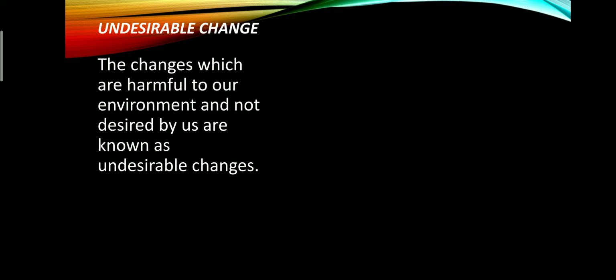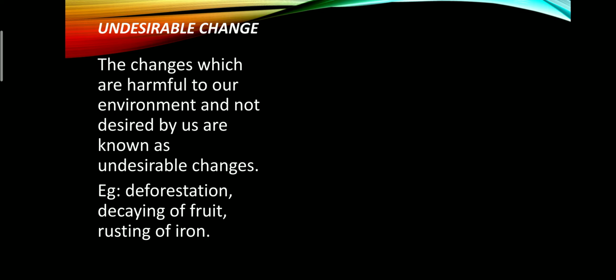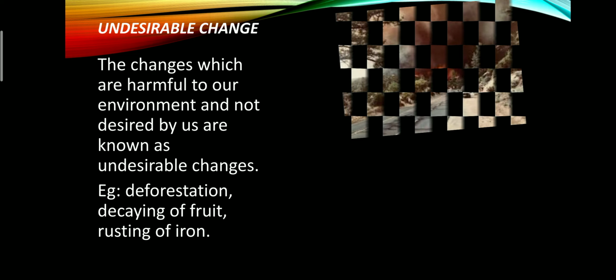Next one is the undesirable change. The changes which are harmful to us and which we don't like, all those things we will call an undesirable change. Example, deforestation, decaying of food, rusting of iron, all those things are undesirable change.